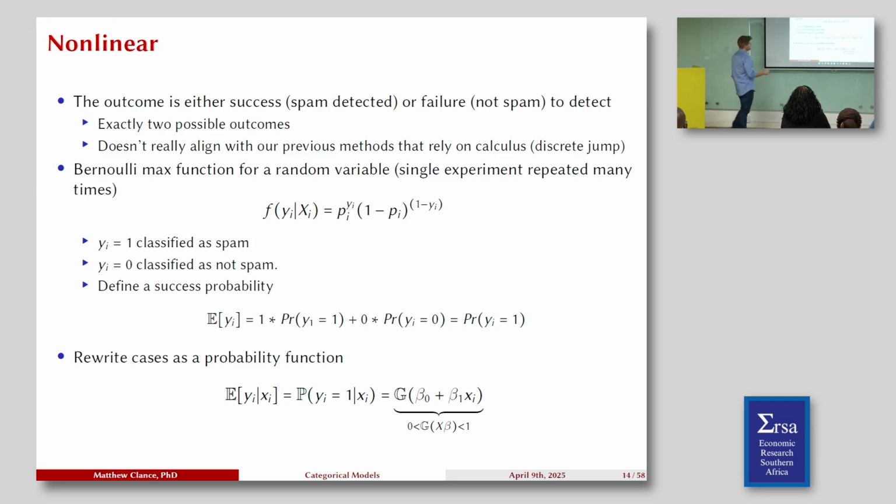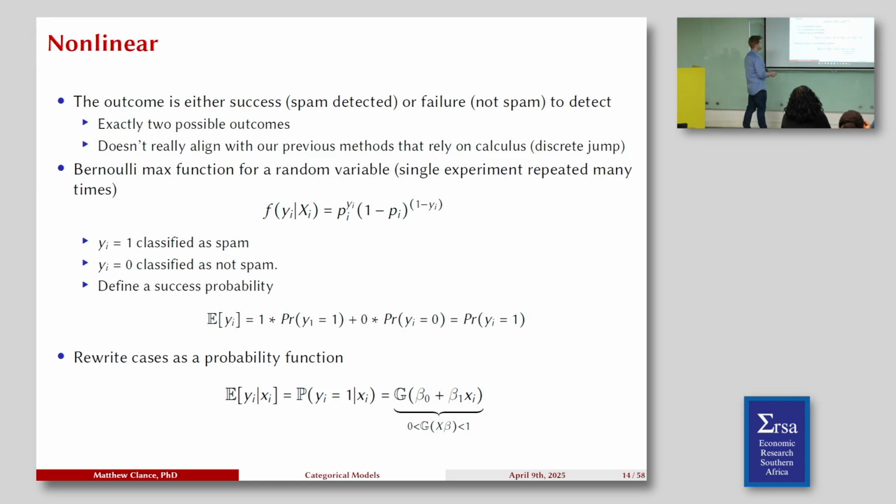So we can think about this as being a Bernoulli maximization function for a random variable. Basically, we have some probability that yi equals 1, and then we have the opposite, with probability 1 minus that probability, for 1 minus yi. So in this case, we're taking both sides.